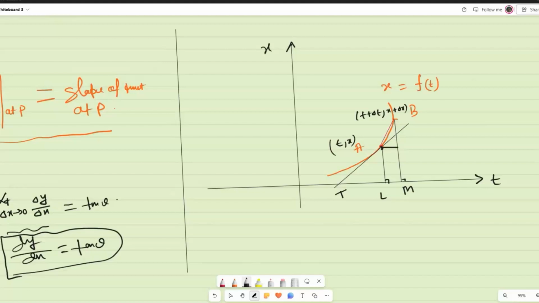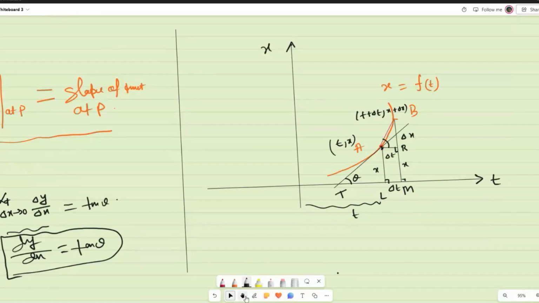Why are perpendiculars being drawn? Let me explain. In the same manner, this is the slope of tangent, tan theta. This one is phi. Phi is angle BAR. Now, if this one is t, this part is delta t, and this is x, this part is x, this part is delta x, this part is delta t.